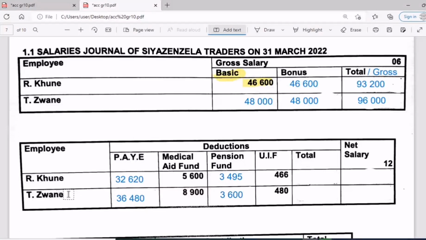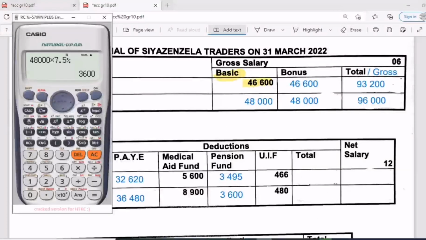So now let us calculate the total deduction. You add all these deductions. There is the pay as you earn deduction, you add the medical aid deduction, the pension fund deduction, and you also add the UIF deduction. All these four deductions you add so that you get the total. So let us add for Kune.